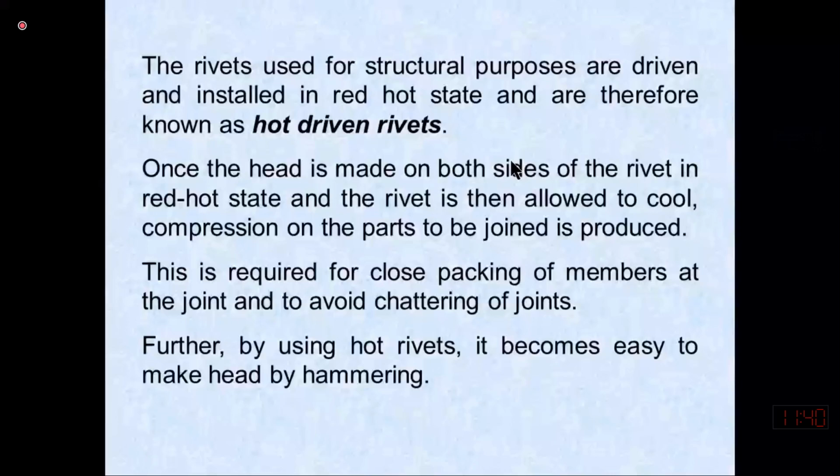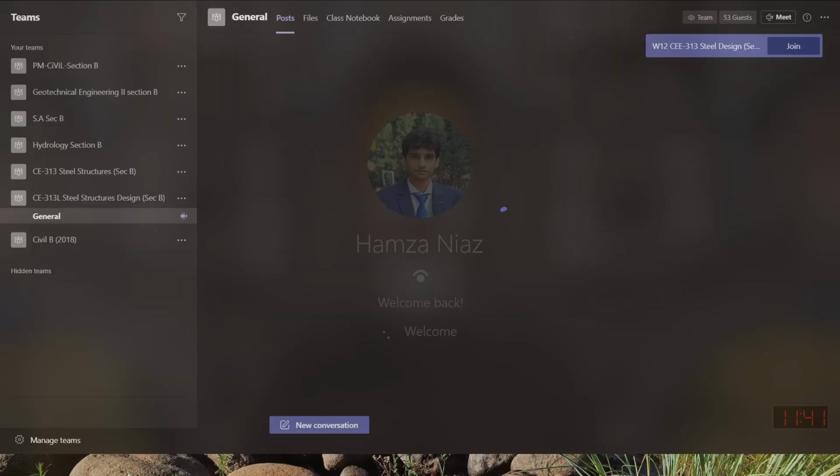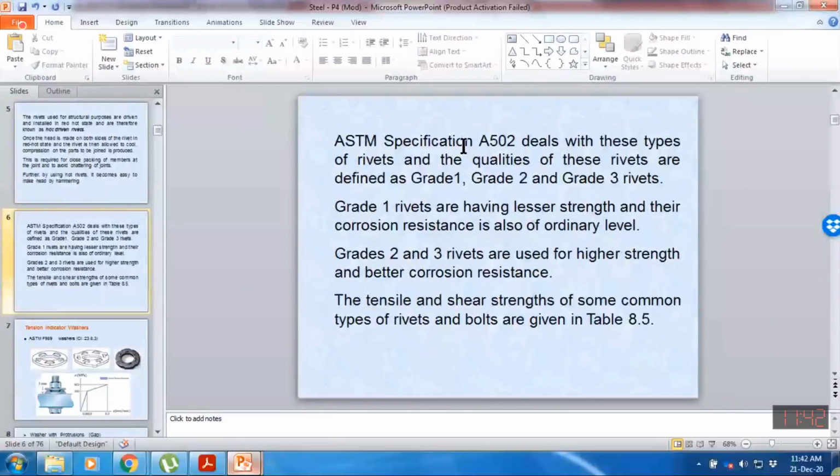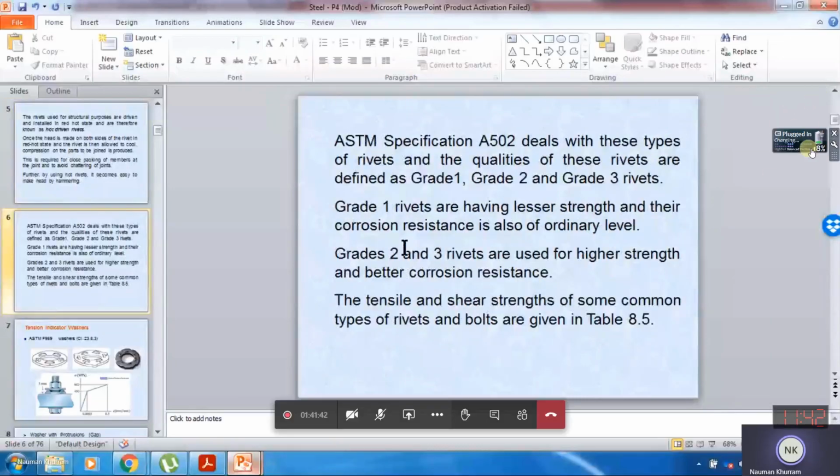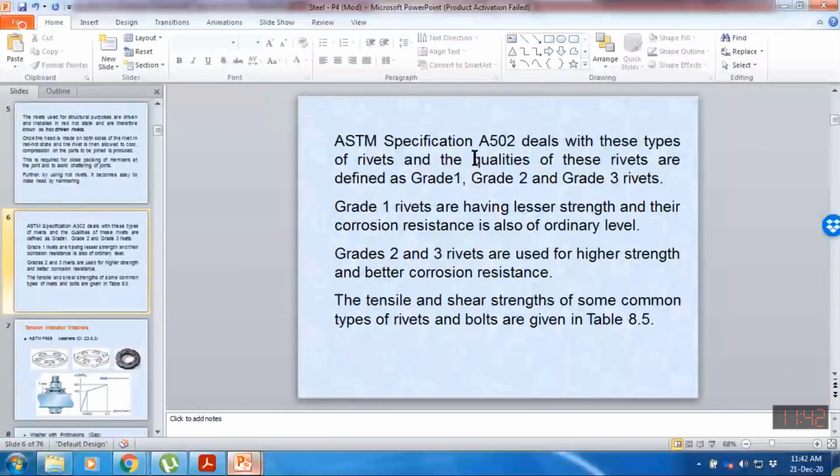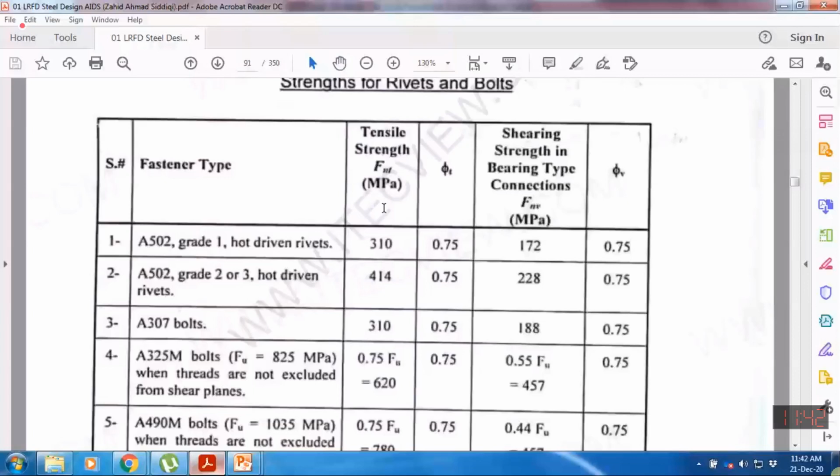For the ASTM standard A502 grade 2 and grade 3 fasteners, grade 2 and grade 3 mean that they have high tensile strength. So 414 is the tensile strength and the shear strength is considered 228.